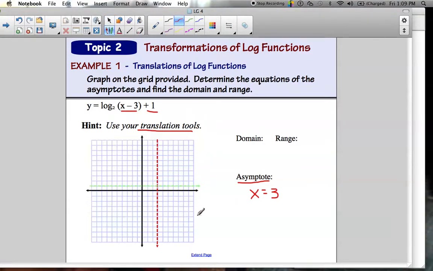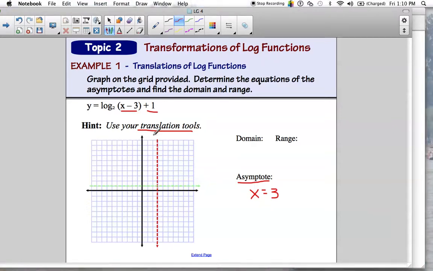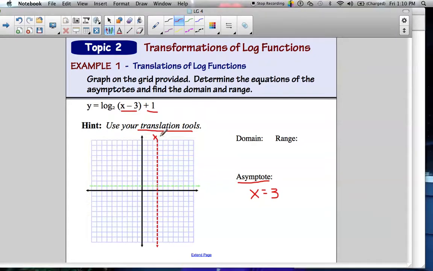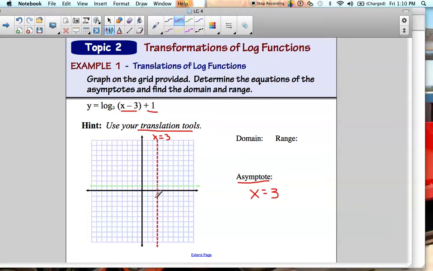Okay, so now what I've just done is drawn in my asymptote, and remember on the test you always have to label asymptotes. You lose a half a mark if you don't. Just tell me that x equals 3. Okay, it's very important. Now what I've just done is stripped this away and this away by making these two lines.